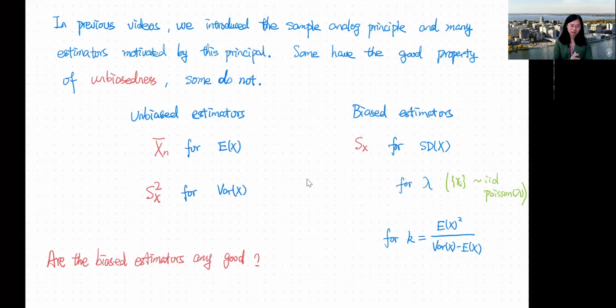Therefore, the expectation of the square root is not equal to the square root of the expectation, which is the standard deviation of x. So Sx is not an unbiased estimator of the standard deviation of x.